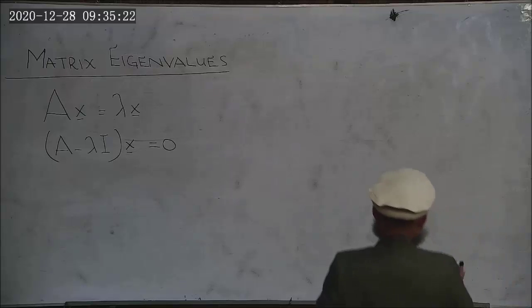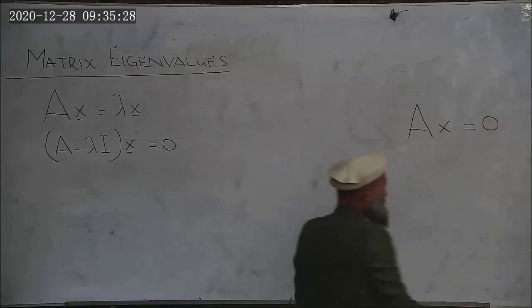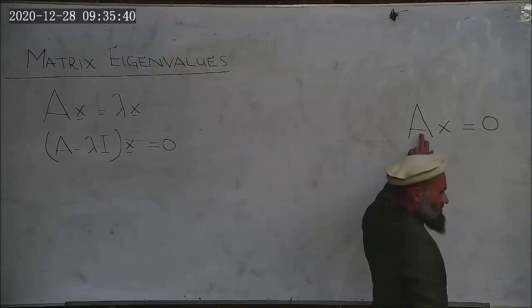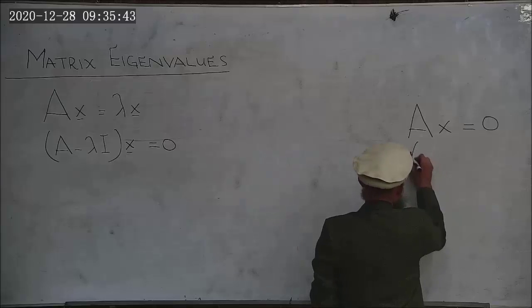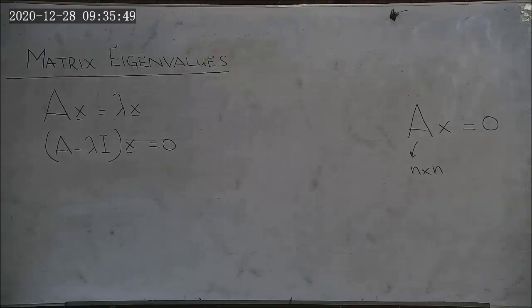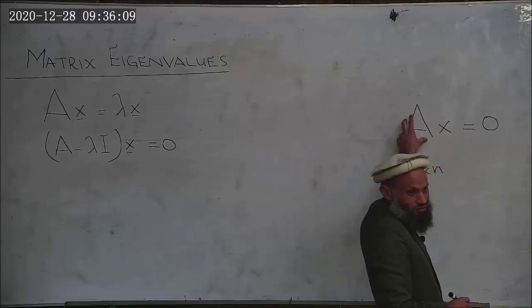If this matrix is n by n and its rank is n, then there is a unique solution, and that is the trivial solution, x equal to 0. A non-trivial solution only exists if the rank of this matrix is less than n, and rank less than n means that the determinant of this matrix is equal to 0.